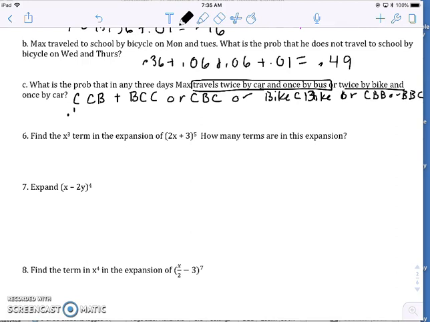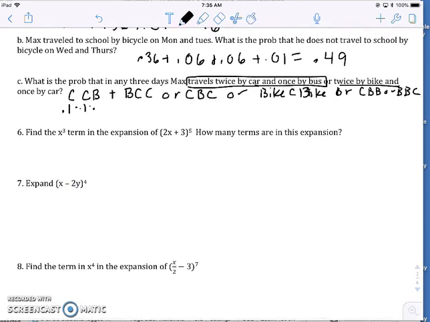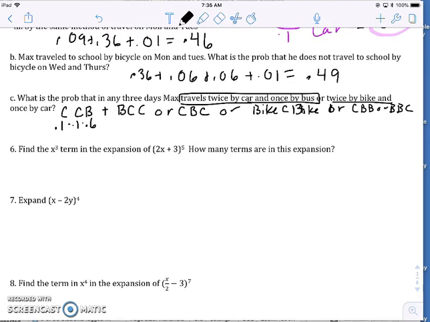So this would be 0.1 times 0.1 times the probability for bus, 0.6. Well, that would be 0.006. So this is the same, 0.006 plus 0.006.